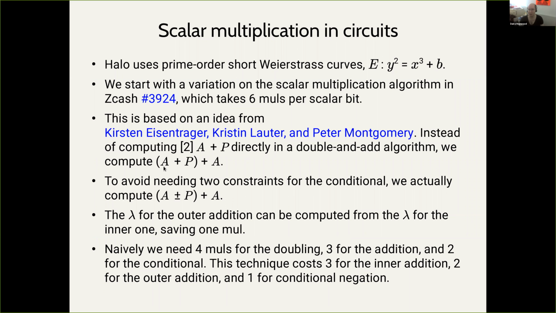So there's a way of optimizing that, which is to just rewrite this as accumulator plus P, the base point, plus accumulator. And that turns out to be more efficient because basically for each of these additions, you're computing a lambda value, which is the slope of a line between the 2 points. So you can compute the second lambda more efficiently because it's with the same accumulator.